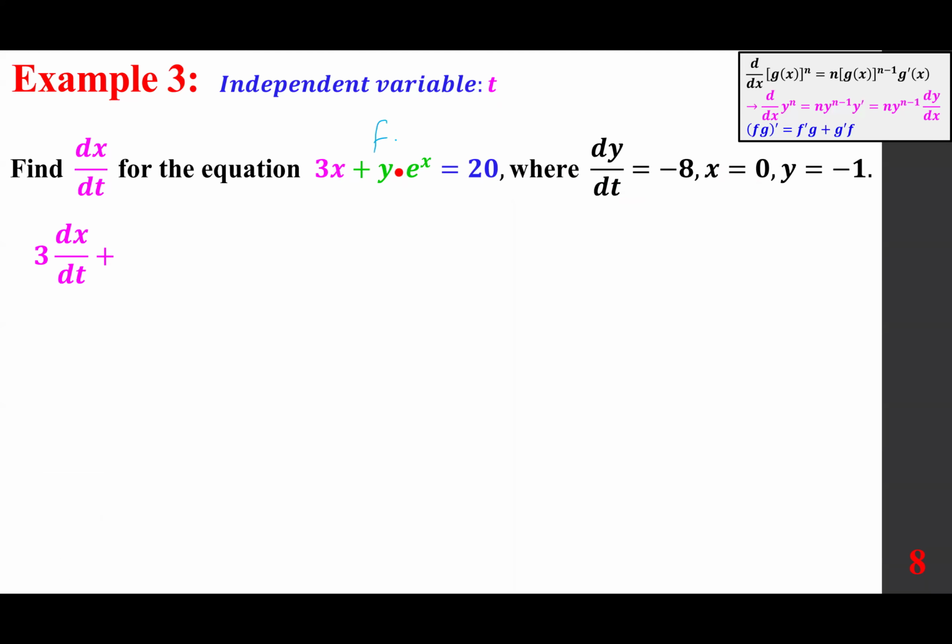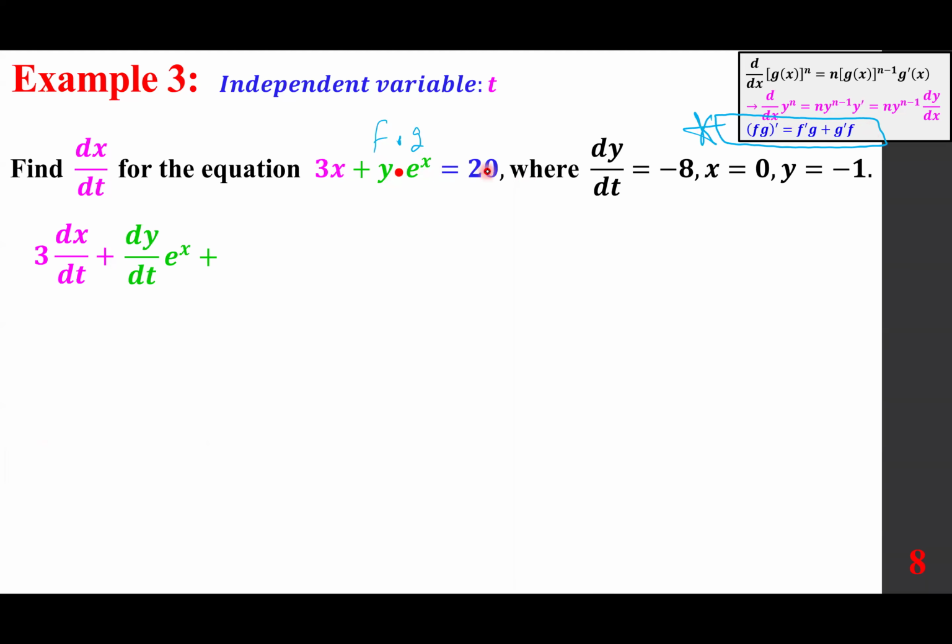And we say, okay, it's f times g. We are going to use the product rule, f prime g plus g prime f. So y, the derivative is dy/dt times g, e to the power of x, plus g prime, e to the power of x times dx/dt, because remember t is the independent variable, times f, which is y.